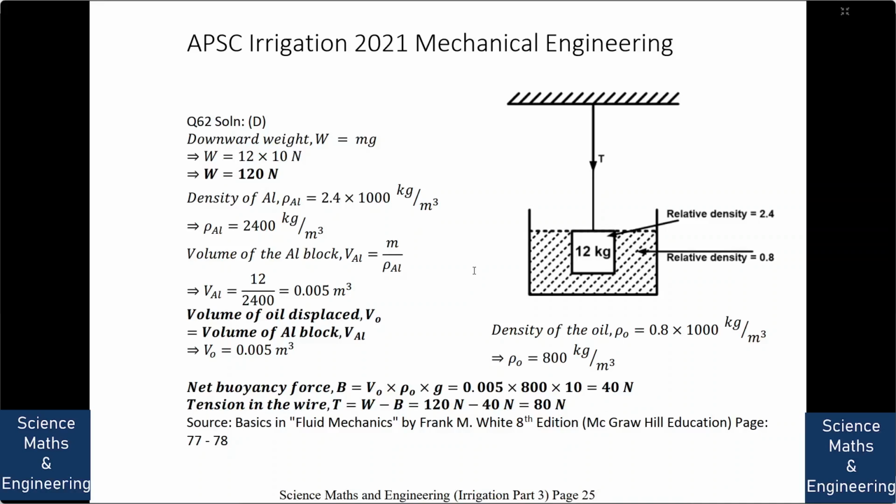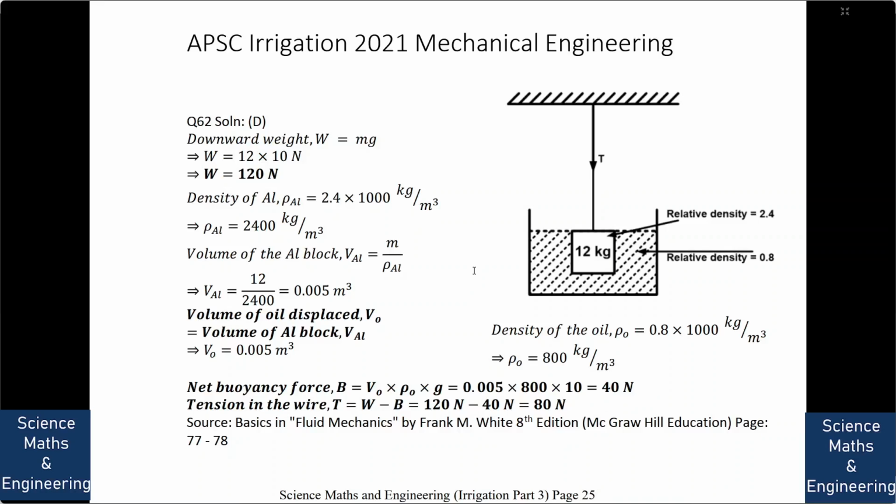Now the density of oil is how much? It has relative density of 0.8, so its density would be 800 kg per meter cube. So the net buoyant force applied by this oil would be equal to the volume into the density, that is the mass of the oil displaced, into g, which is equal to 40 Newton.